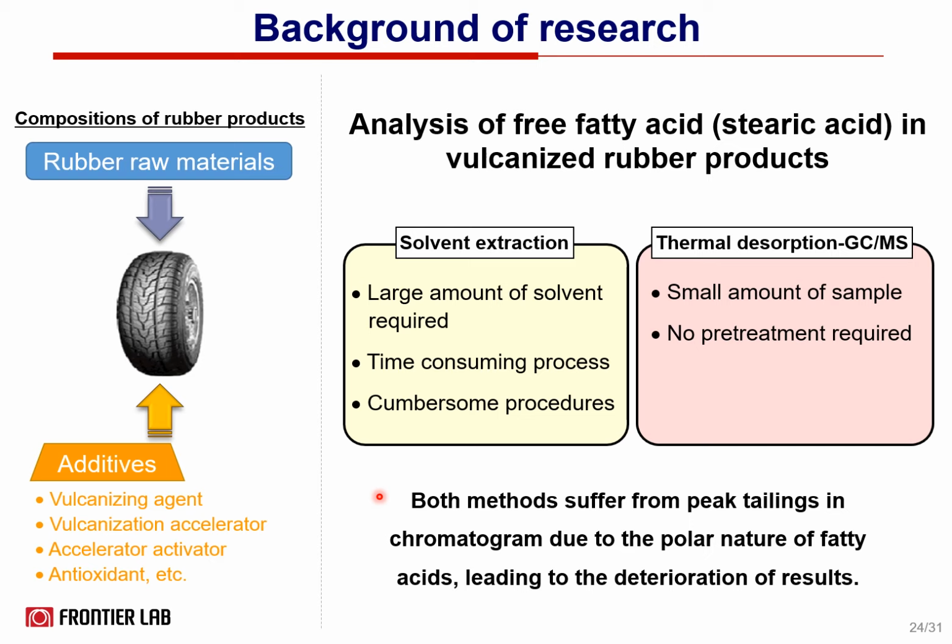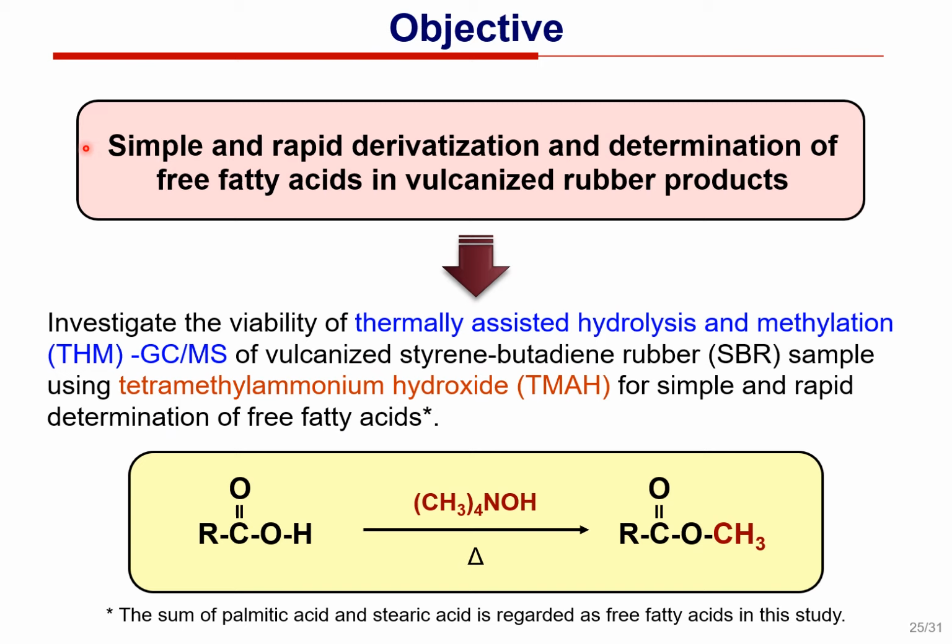But the common problem with both methods is that the peaks of fatty acid are tailing due to strong polarity. This may have a negative impact on quantitative analysis. Therefore, a simple and rapid derivatization and determination of free fatty acid in vulcanized lava products is required.